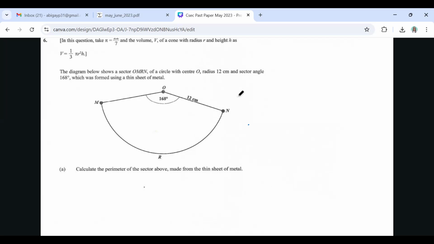Calculate the perimeter of the sector above made from the thin sheet of metal.